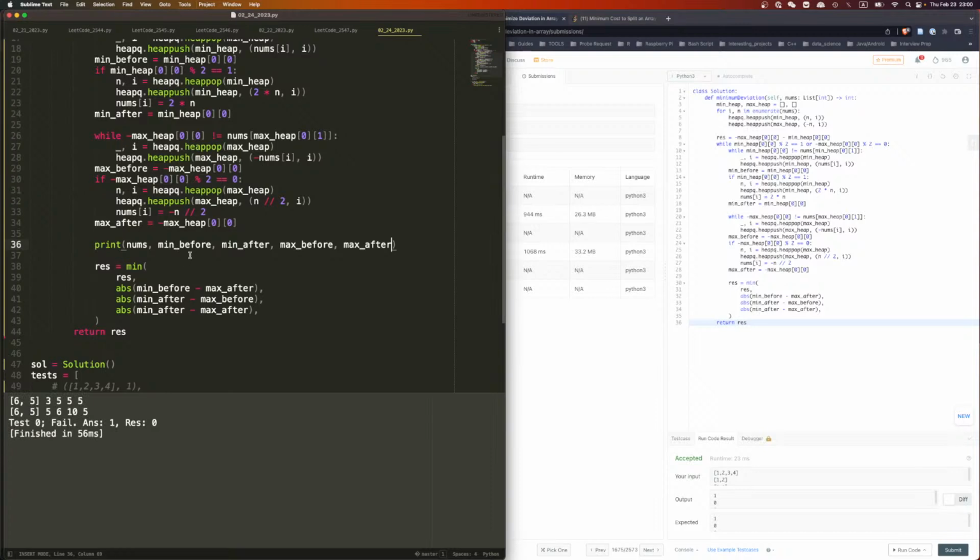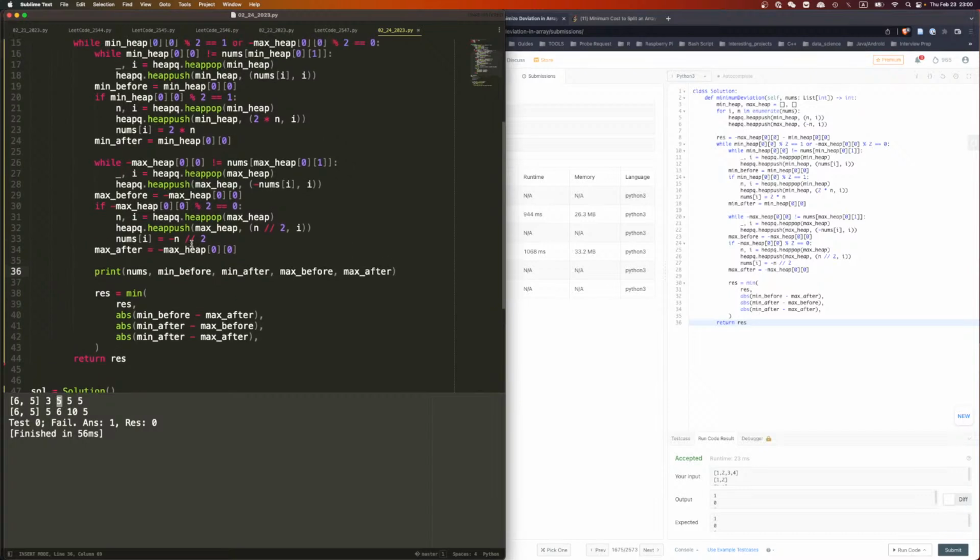Min before, min after is 5. That's the problem. You cannot do it on yourself. I see. Yeah, this min after, because it becomes bigger, it becomes 6. Right? That's the minimum value.